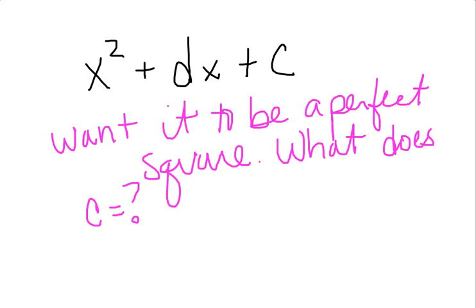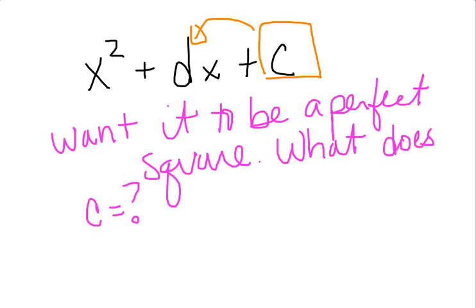Alright, so let's think about something. If I have x squared plus dx plus c, and I want it to be a perfect square, what does c have to equal? What do I have to have right here in order for this to be a perfect square? Well, I'm going to find it in terms of d.